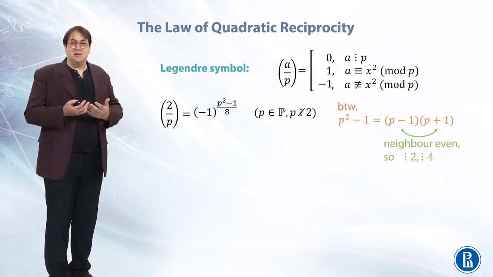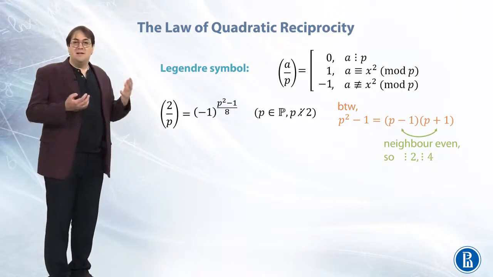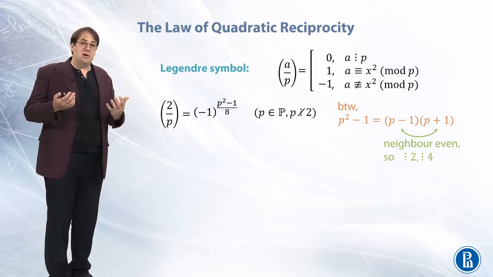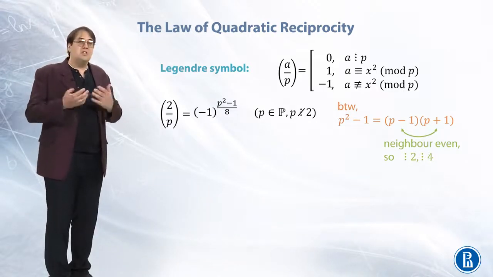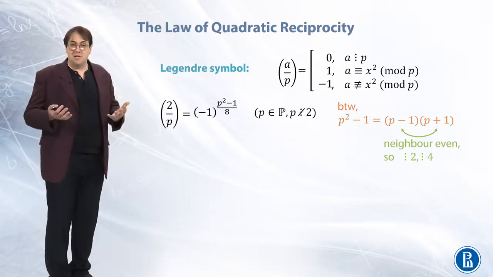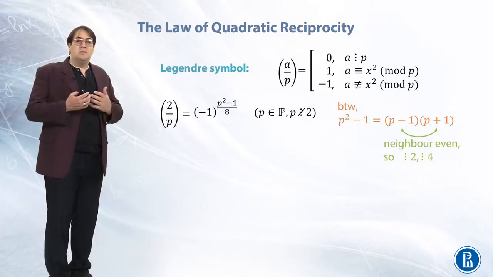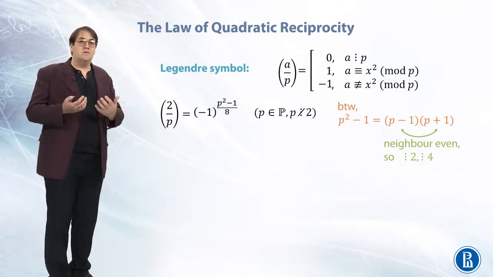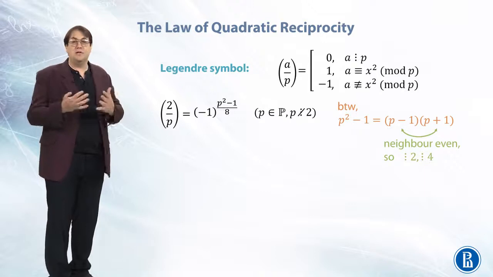And here in the Legendre symbol of 2 modulo p, of course, minus 1 is raised to some integer power, so it's either minus 1 or plus 1. Of course, it works only for odd prime numbers p. Well, okay, so we know the value of the symbol of 2 modulo p.